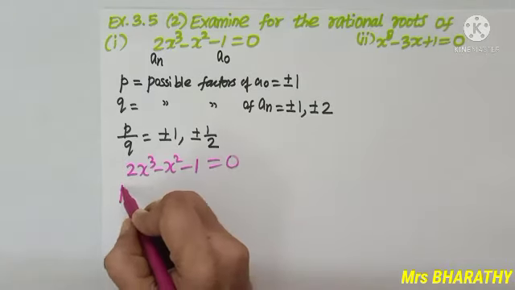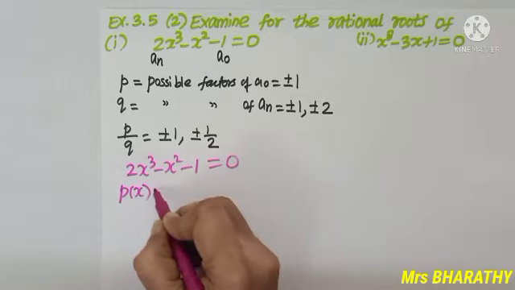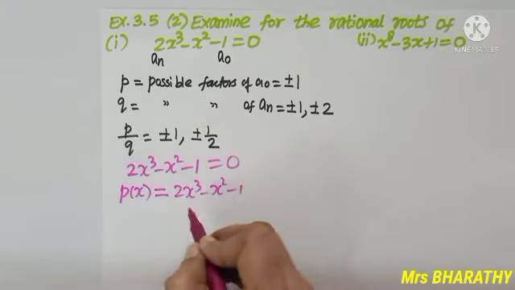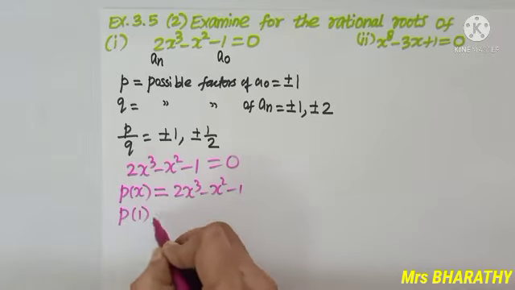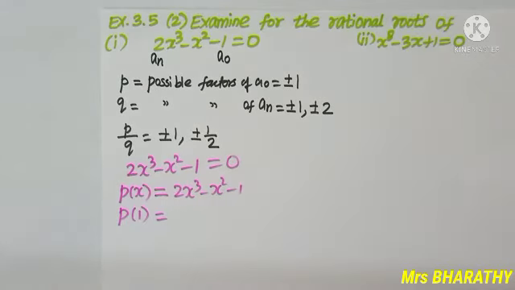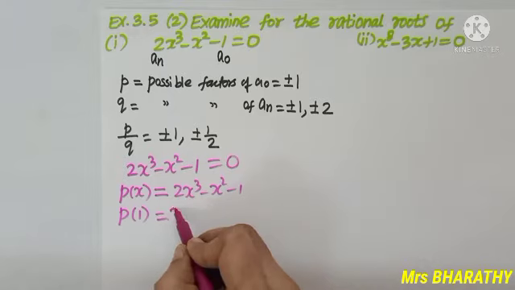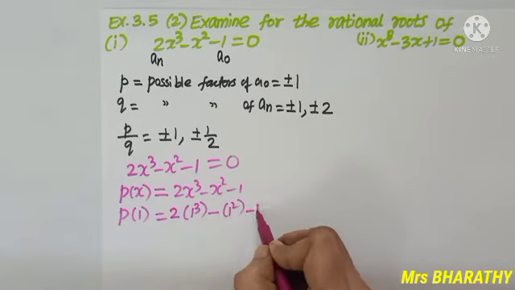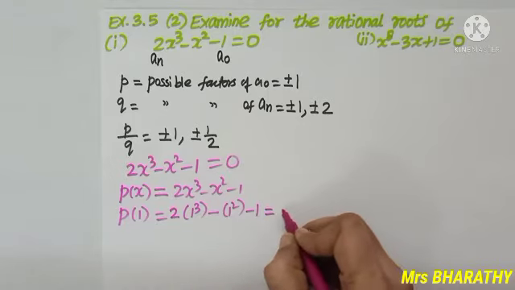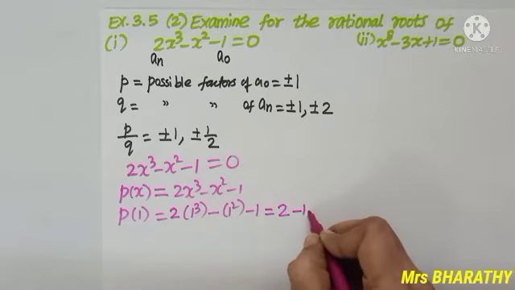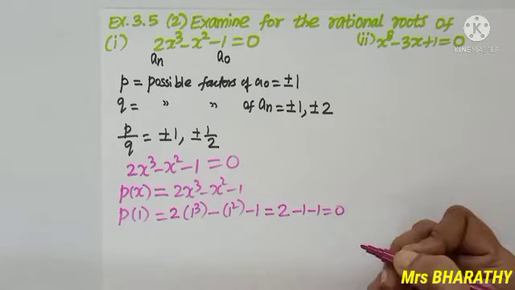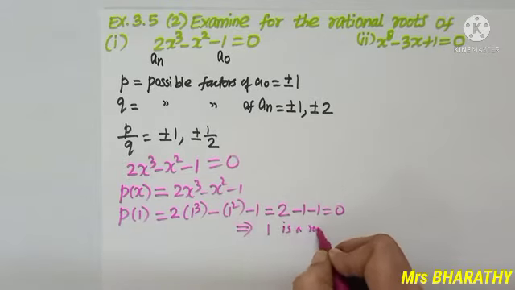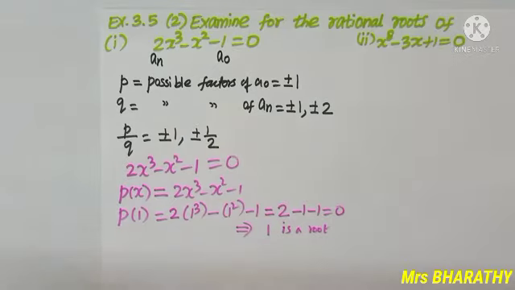If I call the given expression P of x, wherever x comes, let me put 1. Check whether 0 comes. If I put 1, 2 into 1 cube minus 1 square minus 1. It is 2 minus 1 minus 1, 0. So I will declare 1 is a root. So 1 root I have identified.